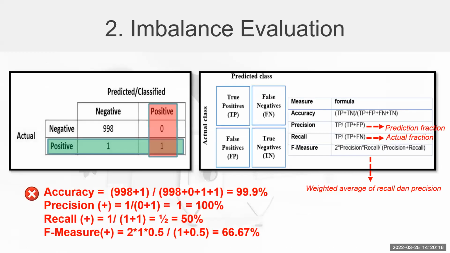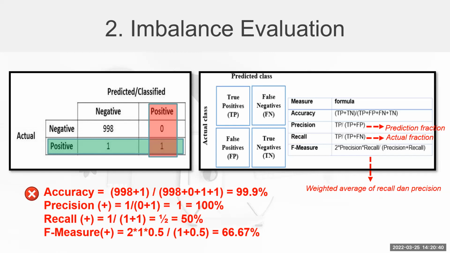Okay, this is case number 1. We have the confusion matrix. This is the actual class, and this is the predicted class. Usually the minority class is denoted as the positive class.